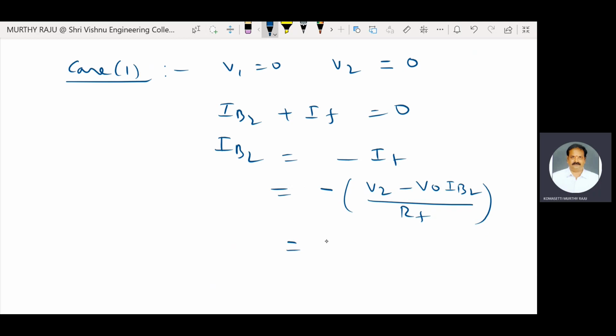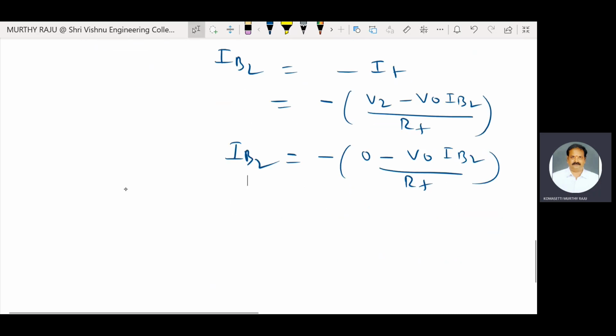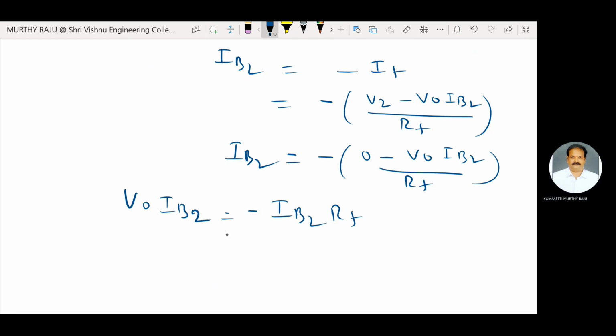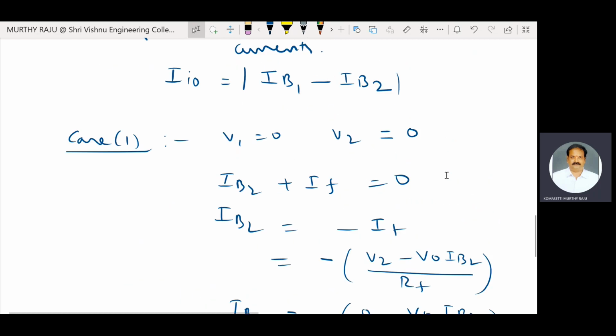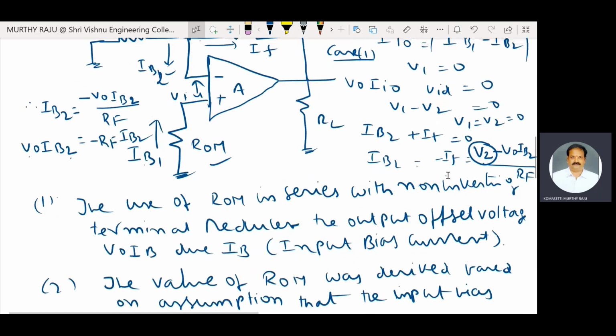V2 is equal to 0. Therefore, minus of 0 minus V0, the output offset voltage due to input bias current IB2, is IB2 into RF. Here the minus sign is used because that voltage is negative.